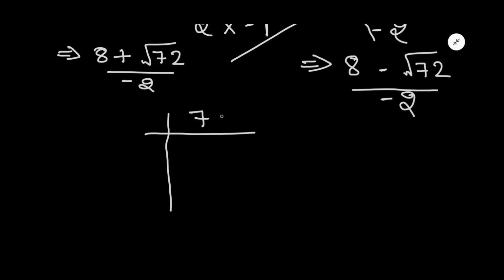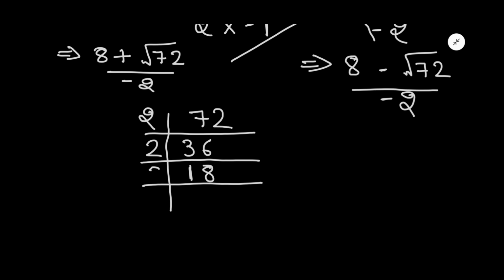So here we will take the factors of 72. So 2 into 36 is 72, 2 into 18 is 36, 2 into 9 is 18, 3 into 3 is 9, and 3 ones are 3.